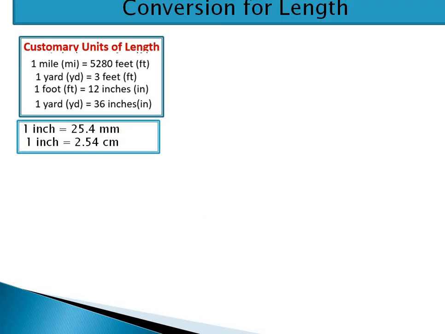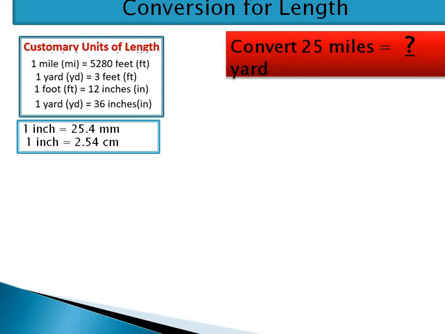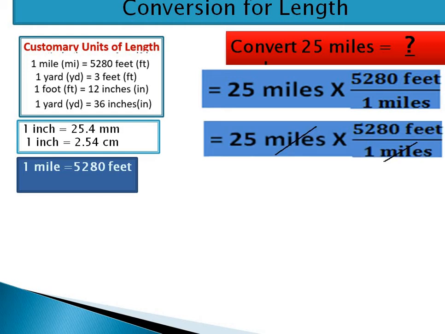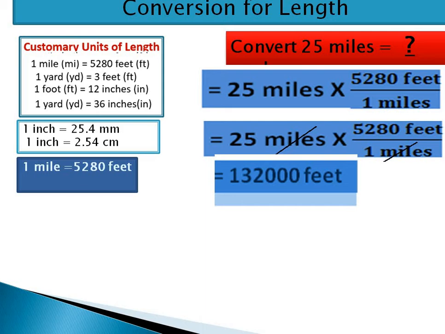Then conversion for length, already we discussed. Then conversion of 25 miles into yards. Generally it is not asked, but even though, 1 mile is nothing but 5,280 feet. So 25 miles is nothing but 25 miles into 5,280 feet. So it will be equal to 1,32,000 feet.